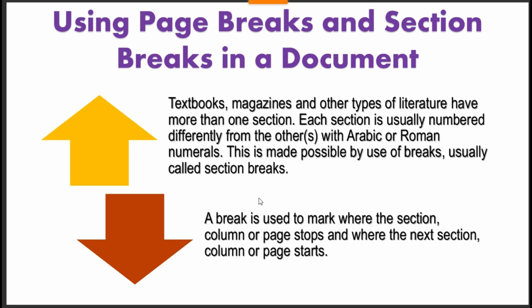This is made possible by the use of breaks, usually called section breaks. Now, a break is used to mark where the section, column, or page stops and where the next section, column, or page starts, as we are going to be saying.